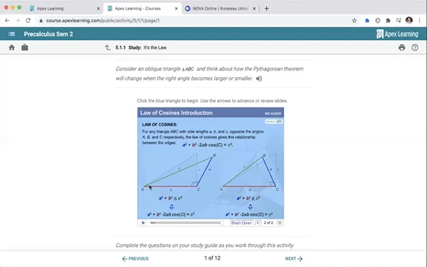So this would be angle A, this is angle B, and this is angle C. And when we're talking about side lengths, those are lowercase letters, and they're opposite each angle. So if I look at angle A here, length a is the lowercase a across from it. I have angle C, and lowercase c is across from that angle.